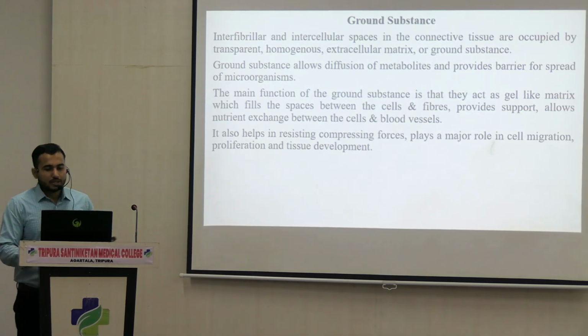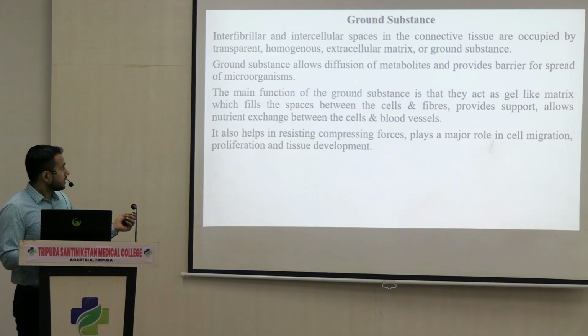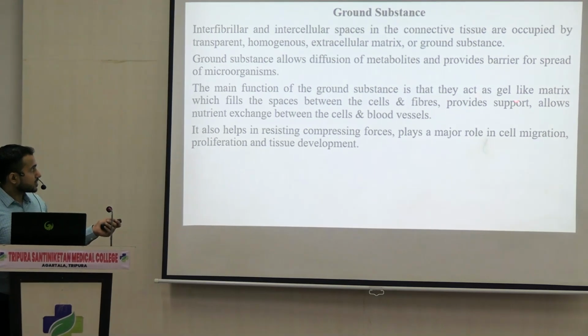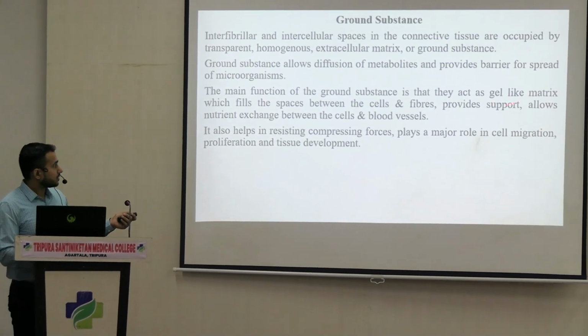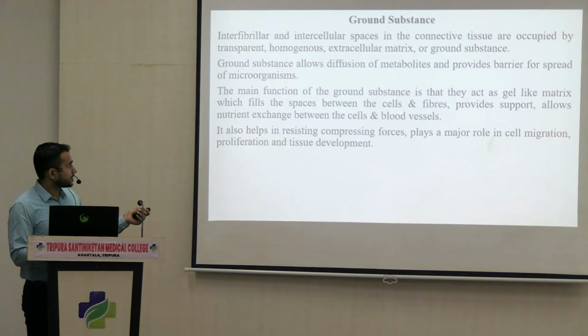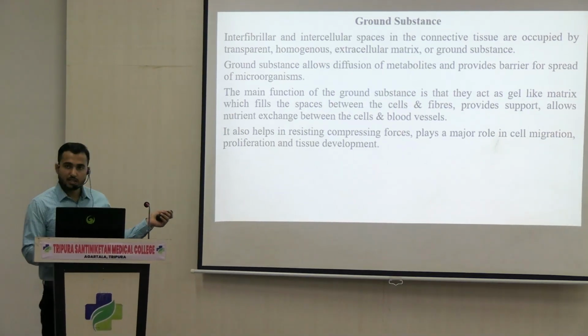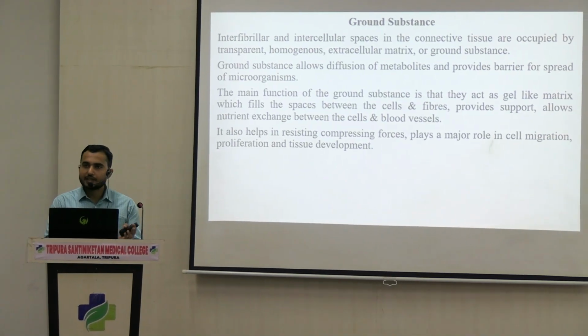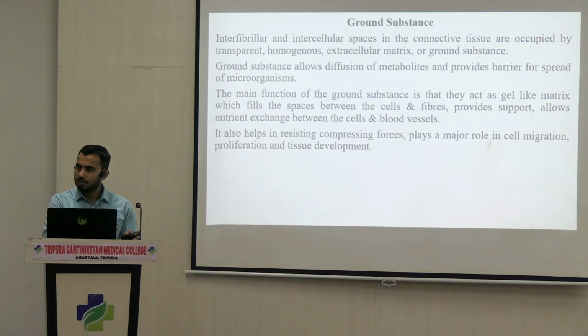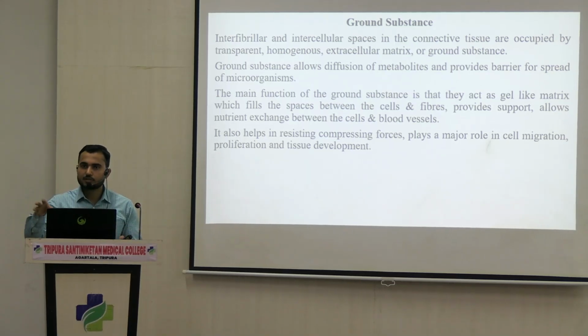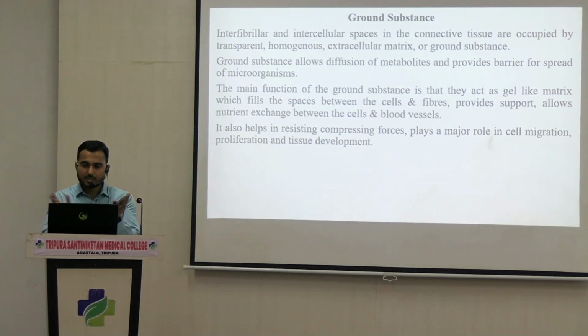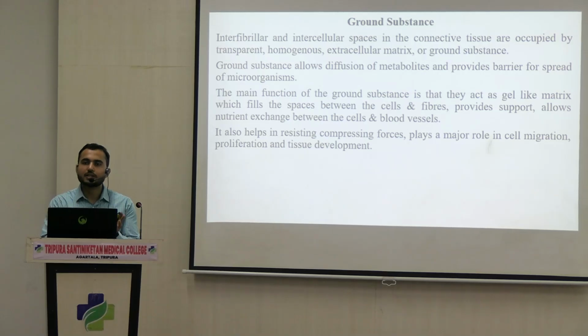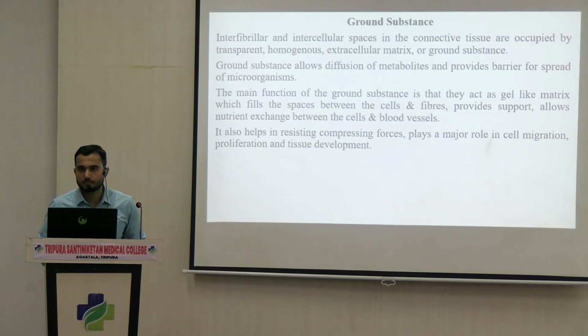Next, if you see the main function, first of all, it acts like a gel, which will fill the spaces between the cells and fibers. Why? To provide support. In connective tissue, we have seen different types of cells and different types of fibers are also there. So it holds everything together, and along with that, it also provides support to them.